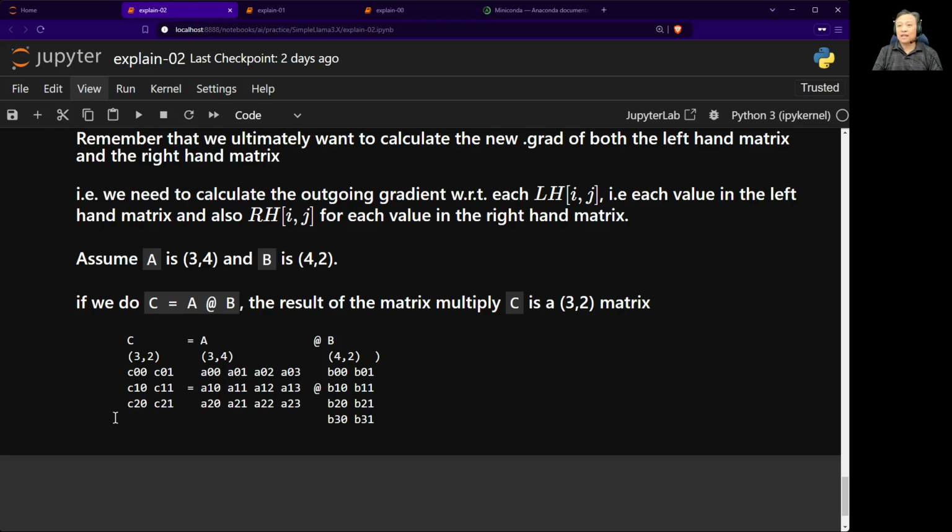What we have instead is, when we get to this part, C, we're going to have C's gradient, and then we're going to somehow generate the gradients for A and B. Because we have the output value C, when we get to here in the backward stage, we're going to have C's gradient, and from C and C's gradient, we have the values A and B, because we just used those to generate C. So using A, B, and C dot grad, we're going to be generating A dot grad and B dot grad.